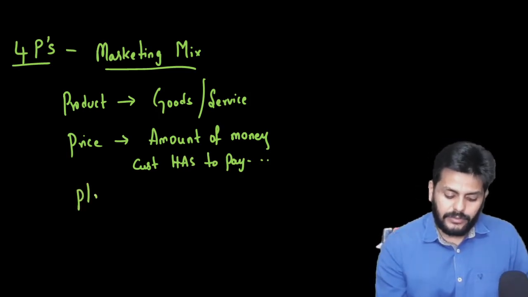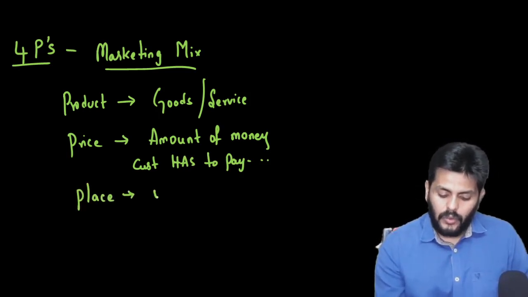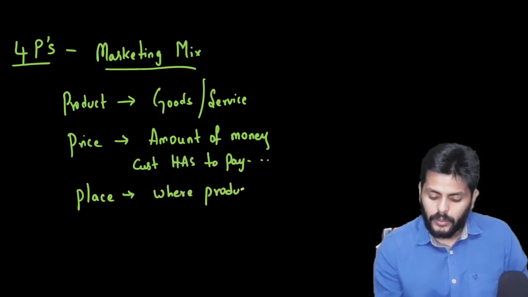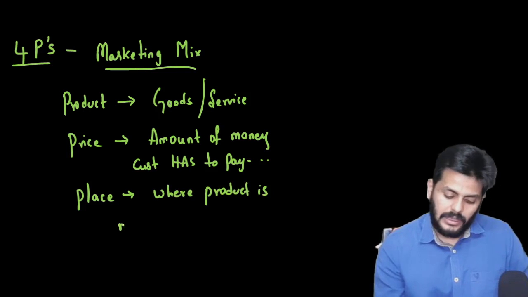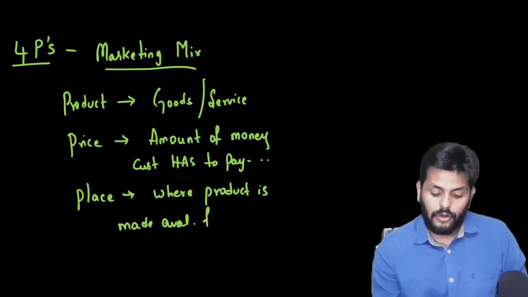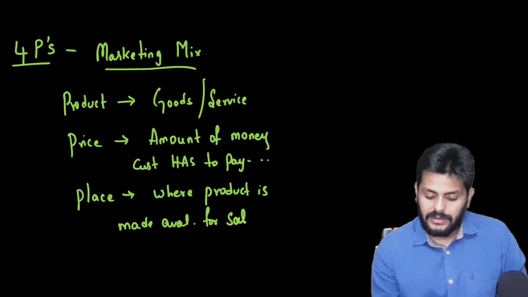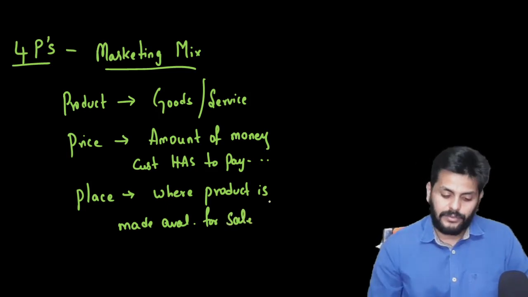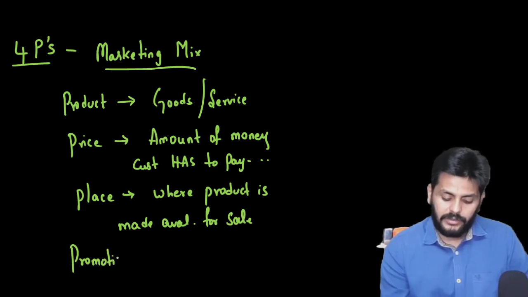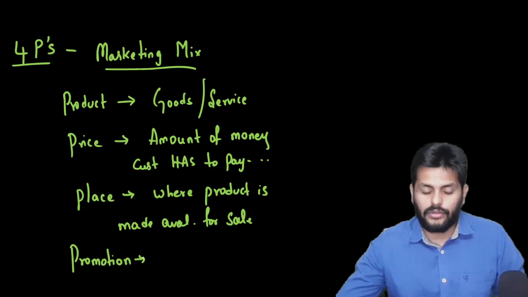Then place. What is place? Where the product is made available for sale. That is only called place. Promotion, a very important concept, because this is one of the most important and critical pieces of the 4.